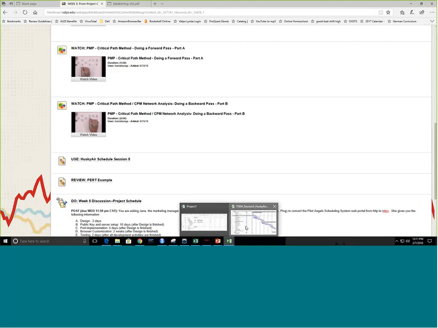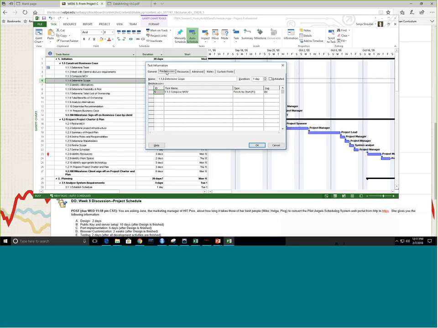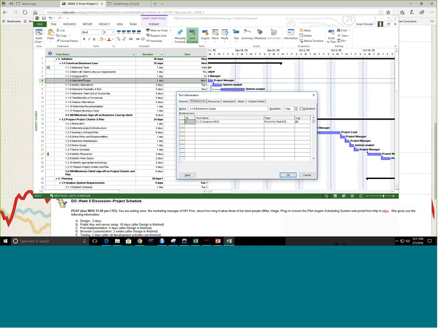So I've opened that here, and you can see you have a tab that's called predecessors. And in the tab called predecessors, that's where you set the predecessors. The determined scope is dependent on composed MOV. So here, that's what you're seeing. If I make it dependent on another ID, let's see, ID number 4, meet with client to discuss requirements.